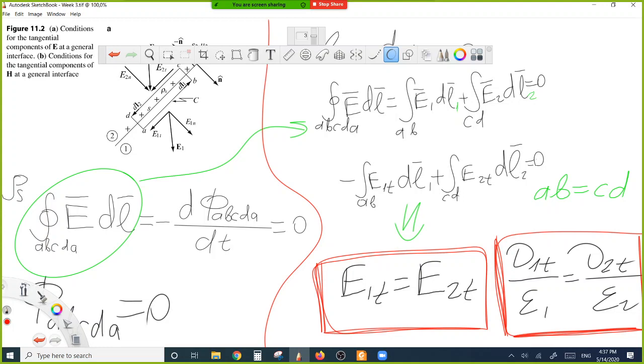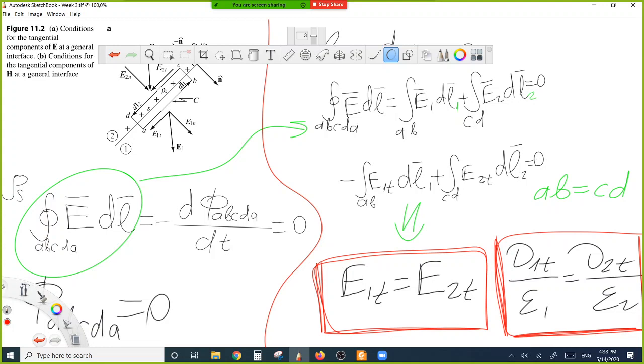So from these two equations, the following conclusions can be drawn. The tangential component of the electric field intensity is continuous across the interface between two general materials, regardless of charge densities on the surface.